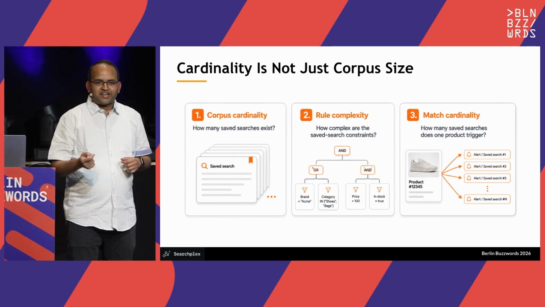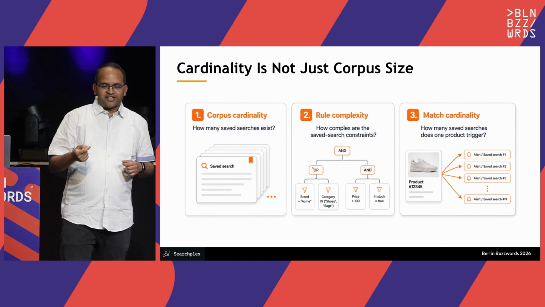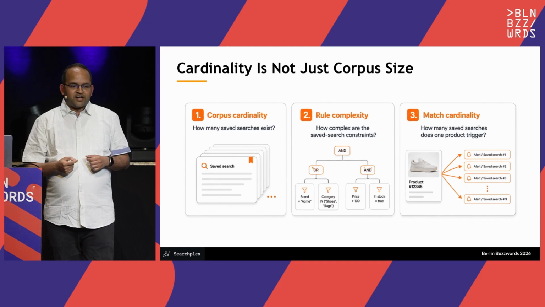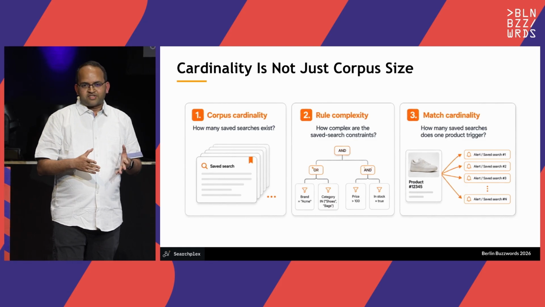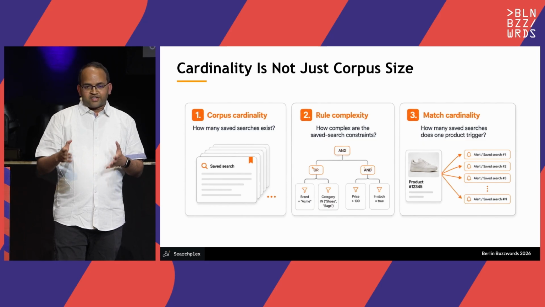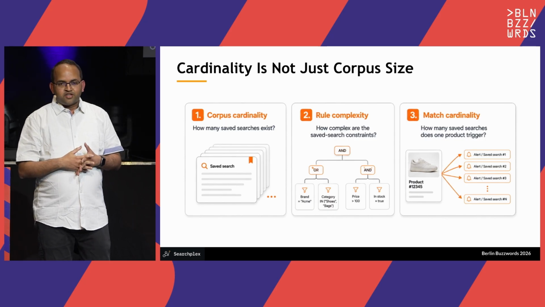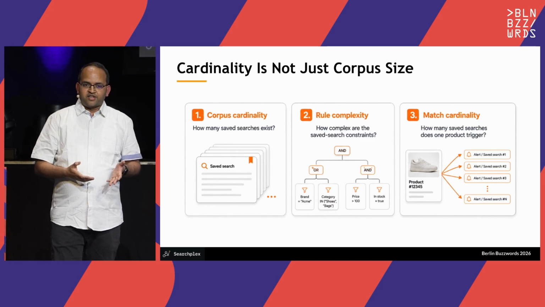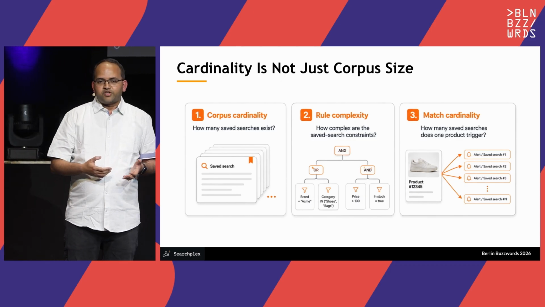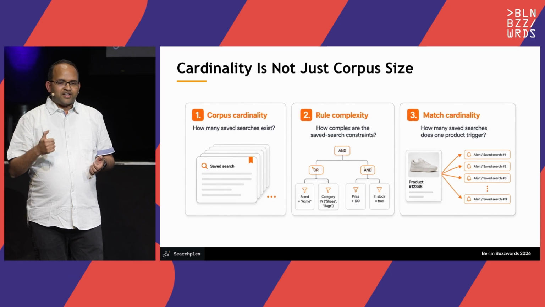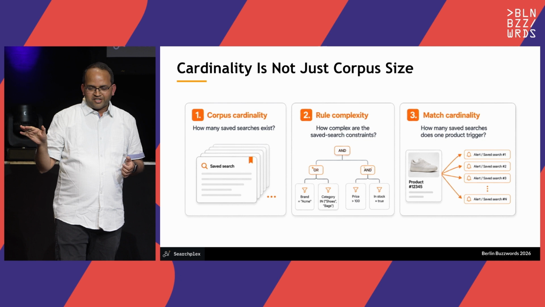So the first thought is that cardinality could be just the corpus size. Perhaps that's an idea, that's an intuition. But there are three axes to that. Corpus size definitely matters. It's the n number of possible matches. But the rule complexity is the second one. You can imagine in the saved searches, there will be users who are just being lazy, just take a photo and set up an alert, no other conditions.